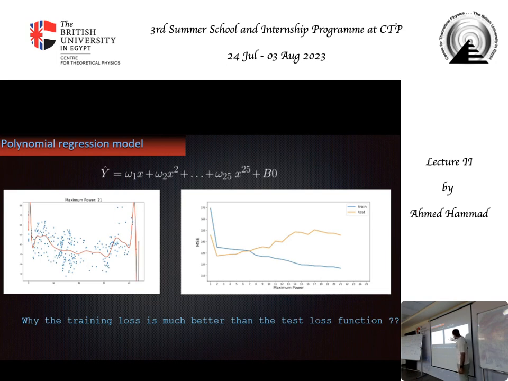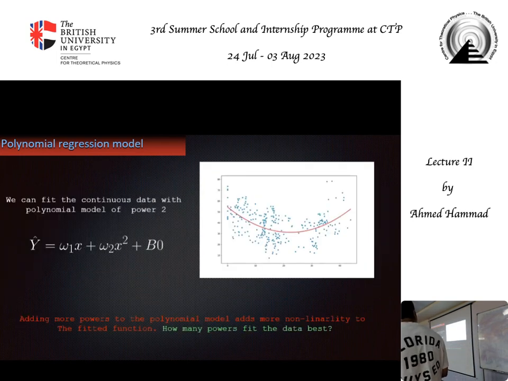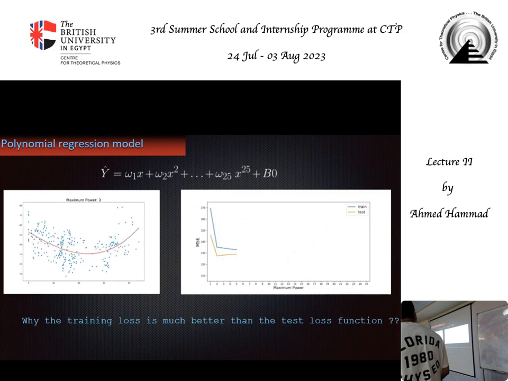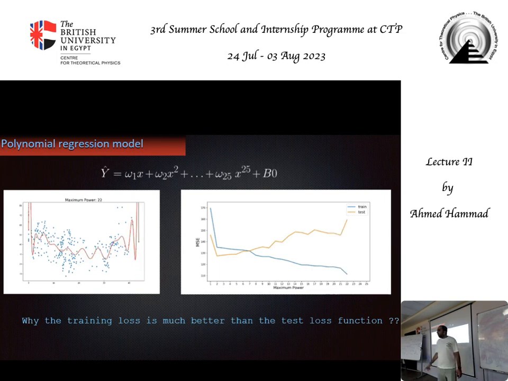But at some point here, something strange happens. Look. It tries to fit everything in the data. So now the classification line, or the line that describes the data, is no longer describing just the data, but also describes the error in the data.